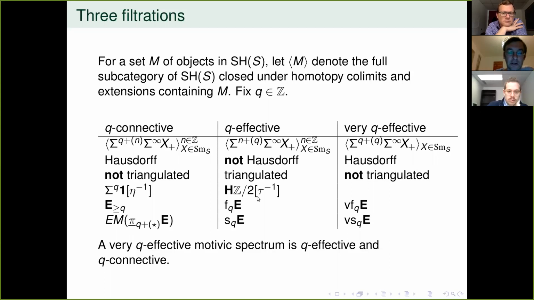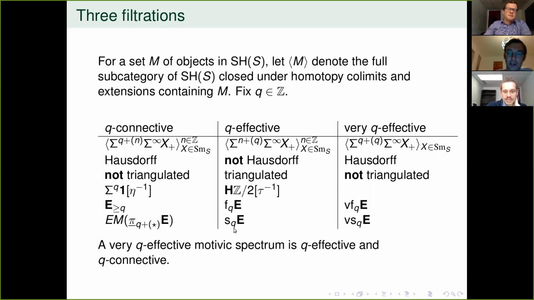And here's the notation for the qth cover for each of these filtrations: the qth connective cover, the qth effective cover, and the very qth effective cover. It's always a bit awkward to pronounce this, and well, my apologies. And then we have the slices.